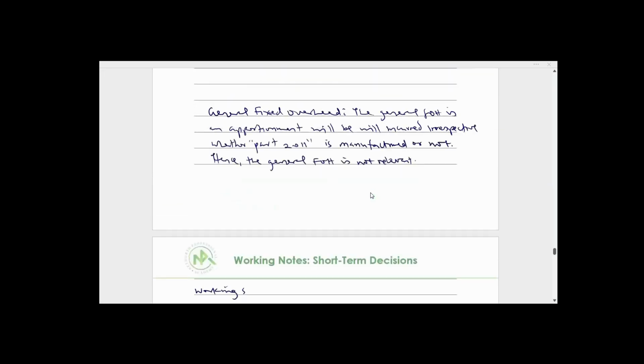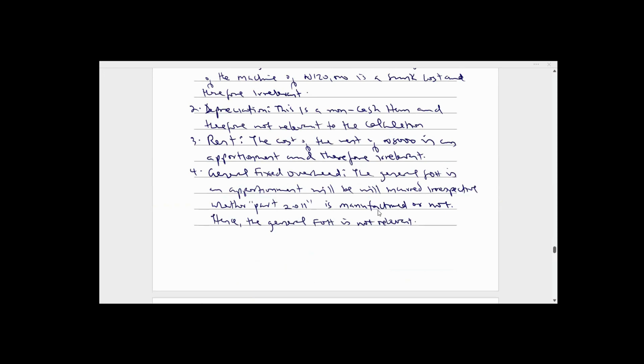So what we are saying now is that after we are stating the assumption in the B part, the examiner is asking what will be the maximum price that KK Limited should quote on the 1,000 units to make the firm indifferent between outsourcing and internal production.